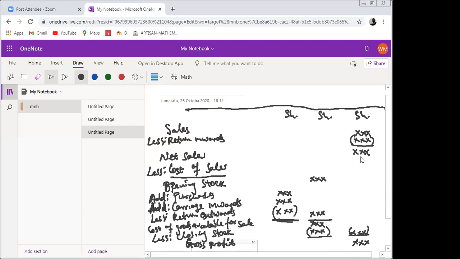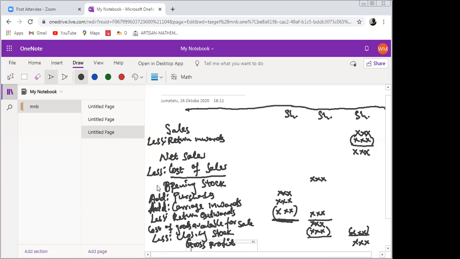If this is the value that we received from the sales, then we must ask ourselves, if we have received 1 million, these goods that were sold for us to get 1 million, how much did they cost? So we are looking for the cost of the goods that were sold to generate this figure that is here.